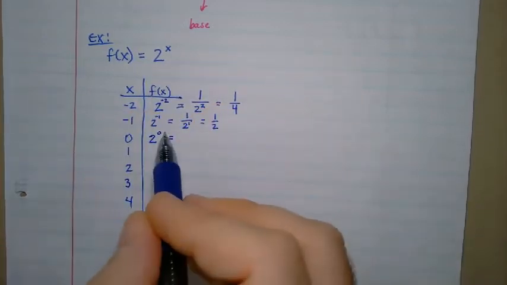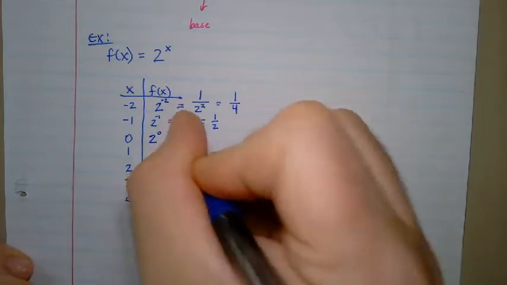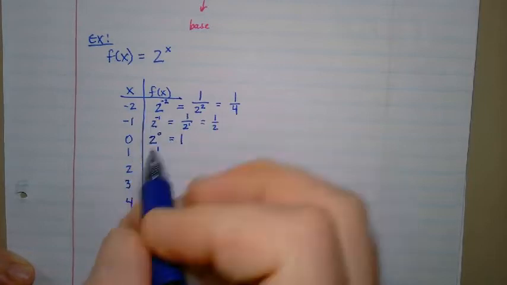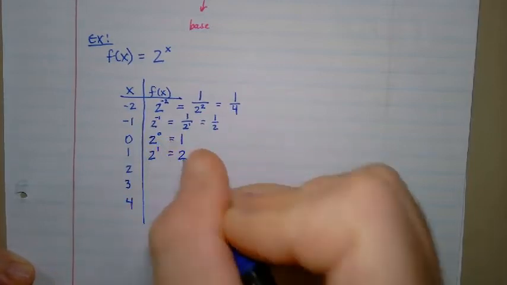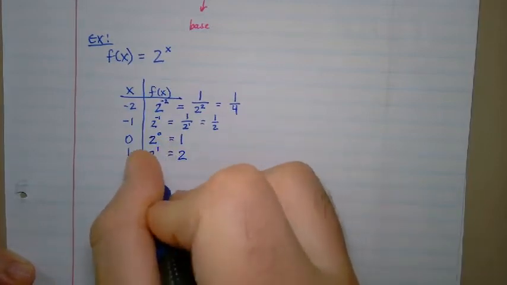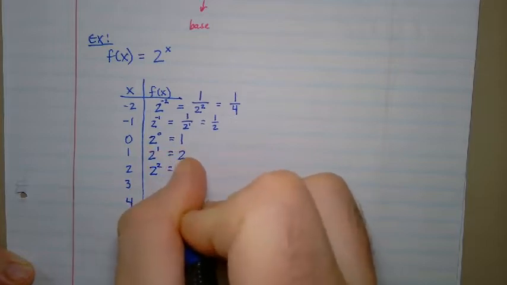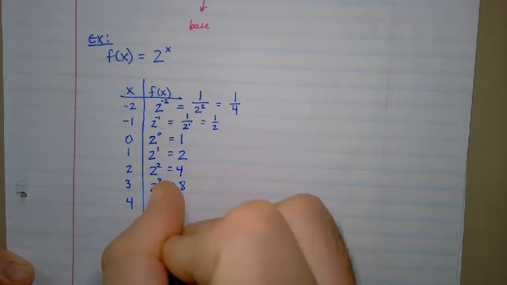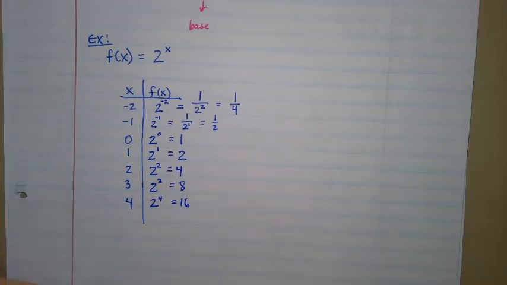Any number to the 0 power is nicely just 1. Any number to the 0 is 1. And then we have 2 to the first, we're going a little bit faster here. 2 to the first is 2. 2 squared is 4. 2 cubed is 8. And 2 to the fourth is 16.